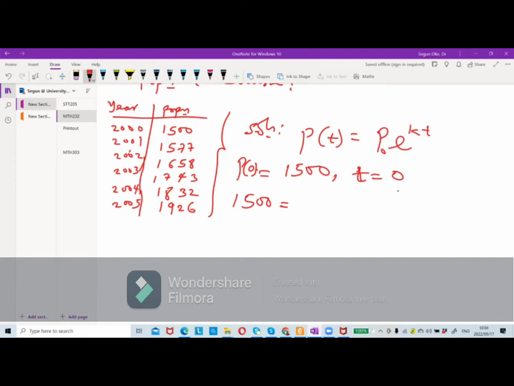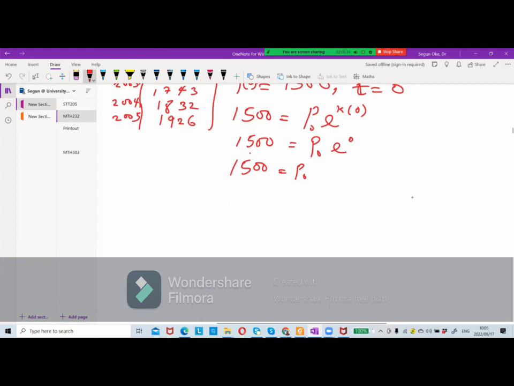So let's substitute 1,500 here: P naught exponential of k of 0. So you have 1,500 equals P naught, which is the same thing as P of 0.